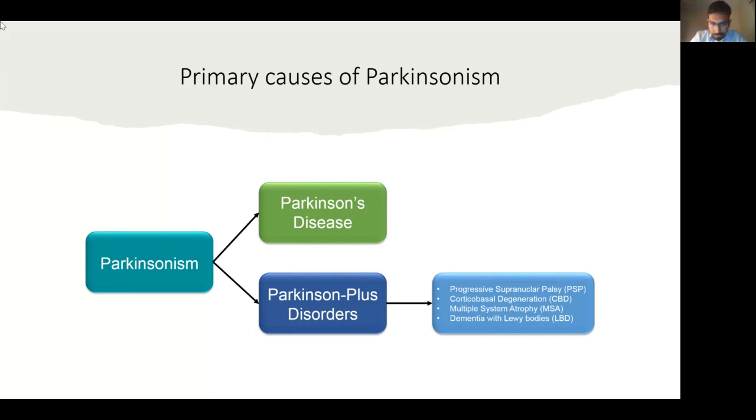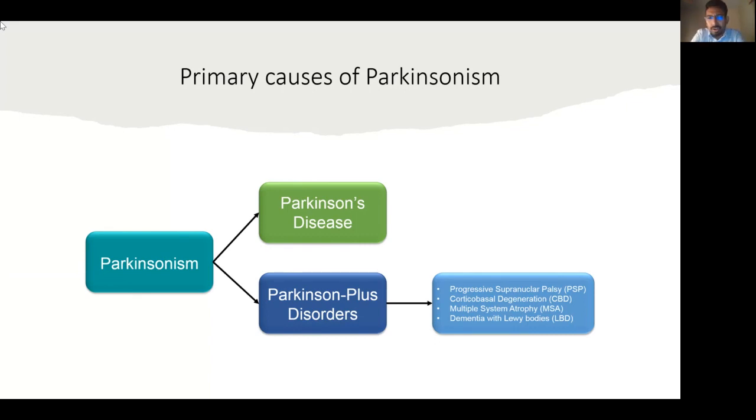Now, the first screen here shows causes of primary Parkinsonism, and we divide them into two groups. One is Parkinson's disease or idiopathic Parkinson's disease. In this talk, I will use Parkinson's disease instead, and when I say Parkinson's disease, I will mean idiopathic Parkinson's disease. And another group is Parkinson's plus disorders.